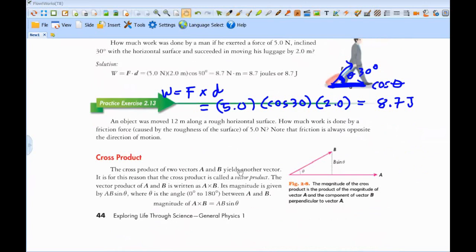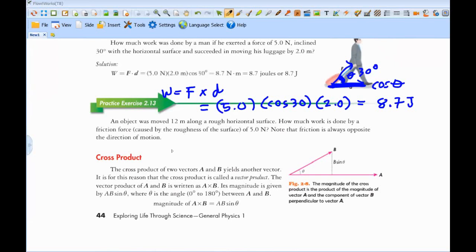Julia, will you read exercise 2.13? An object was moved 12 meters along a rough horizontal surface. How much work is done by a friction force of 5.0 newtons caused by the roughness of the surface? Note that friction is always opposite the direction of motion. Okay.